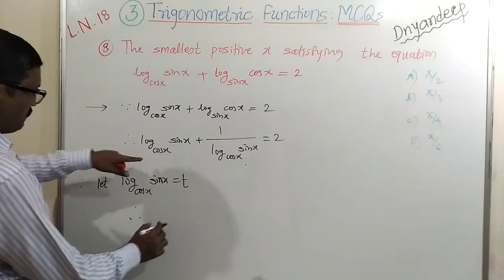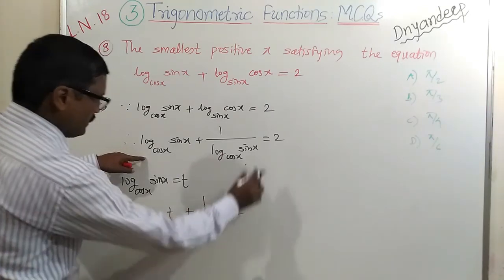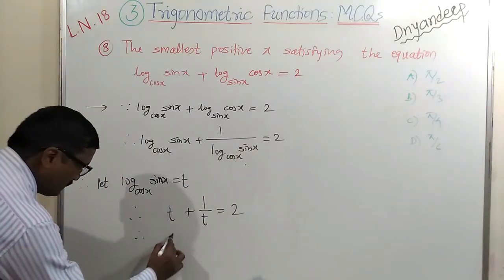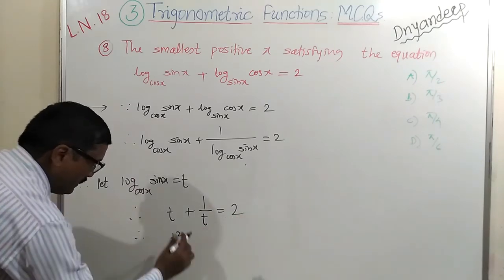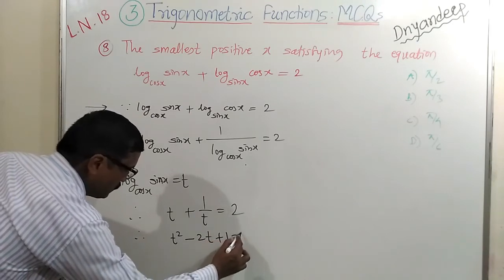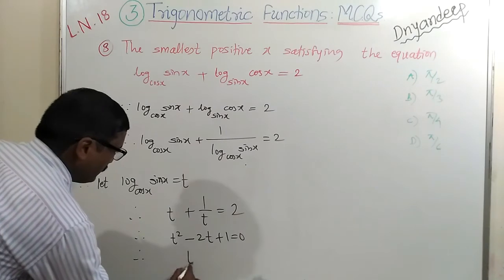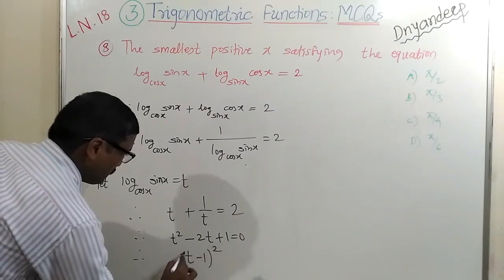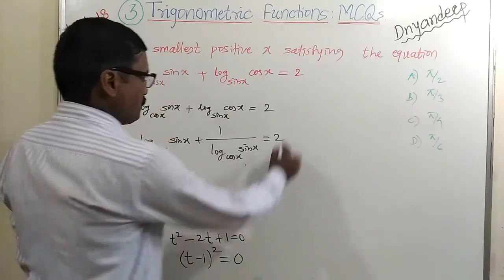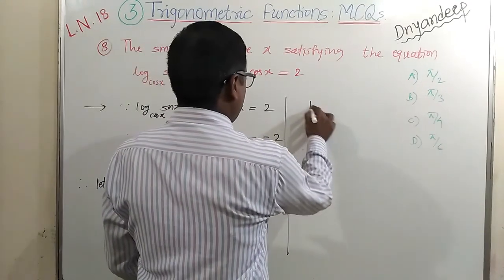Therefore, we get the equation t + 1/t = 2. So t² - 2t + 1 = 0, and it is nothing but (t - 1)² = 0. It means t = 1.